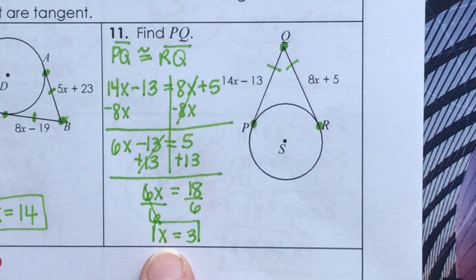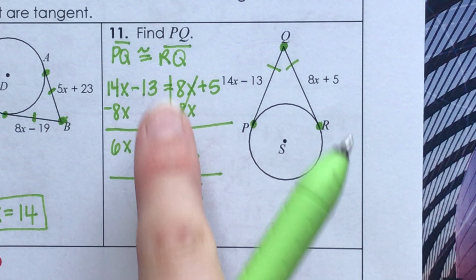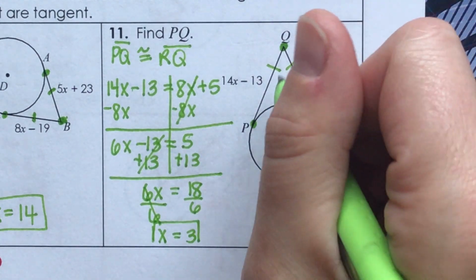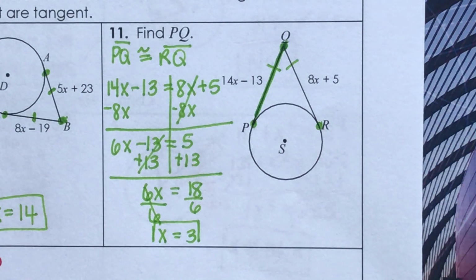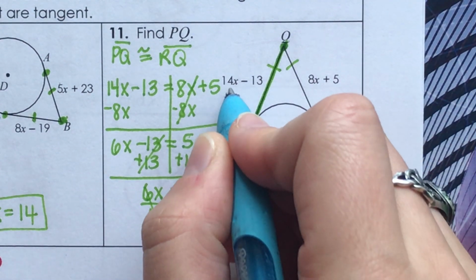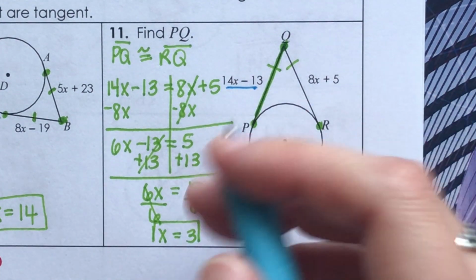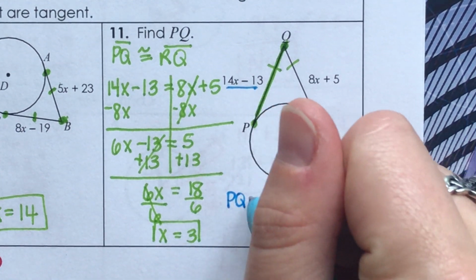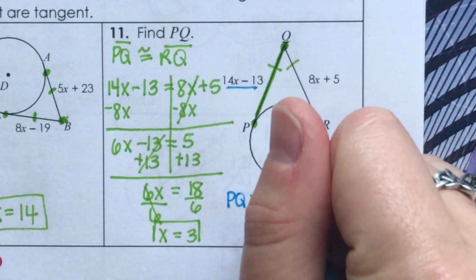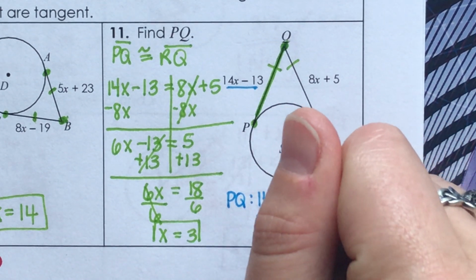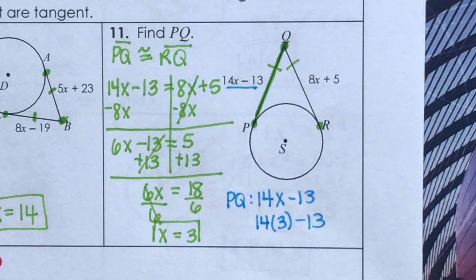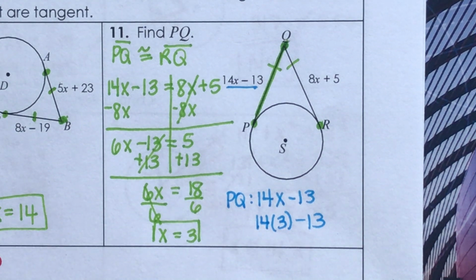Now that's great, but the question asks me to find PQ. So I'm going to come over here to PQ, and wherever I see an x, I'm going to substitute in the number 3. So now I'm substituting. 14x minus 13. I'm really going to do 14 times 3 and then subtract 13.